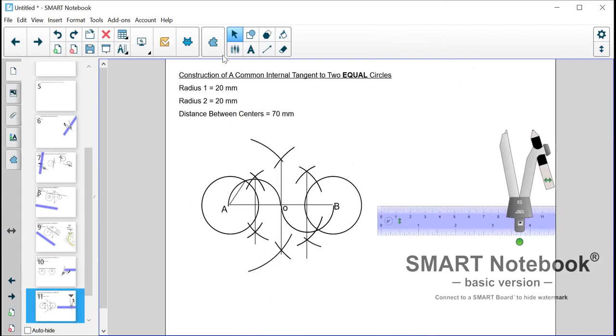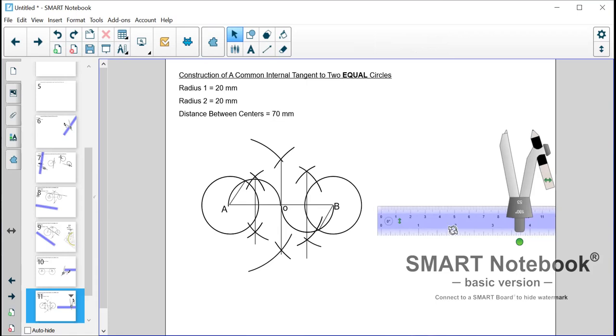Where that semicircle intersects the circle, that is where the other normal should come. Once you do that accurately, the first normal and this second normal will be parallel to each other. Even if you had used the set square and slid it, you would end up with basically the same line.